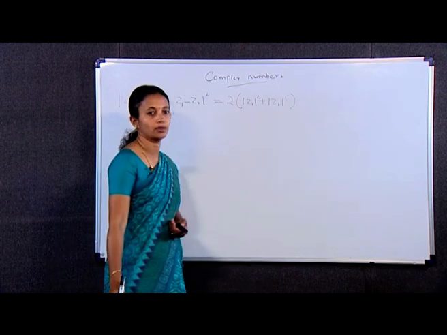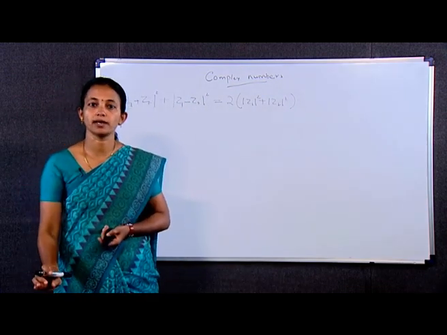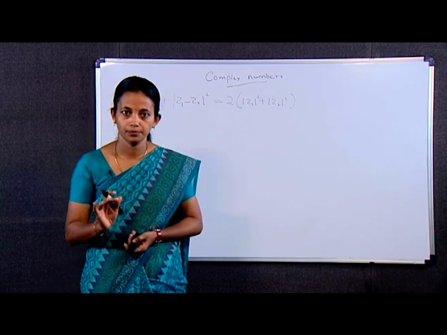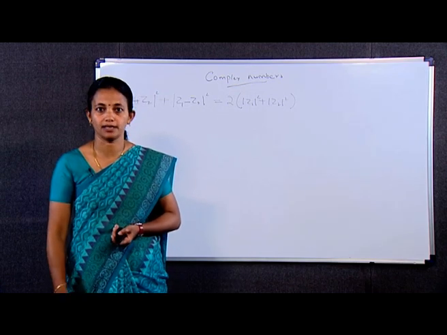This is our parallelogram law. This states that the sum of the squares of the lengths of the sides of the parallelogram equals the sum of the squares of the lengths of its diagonals.